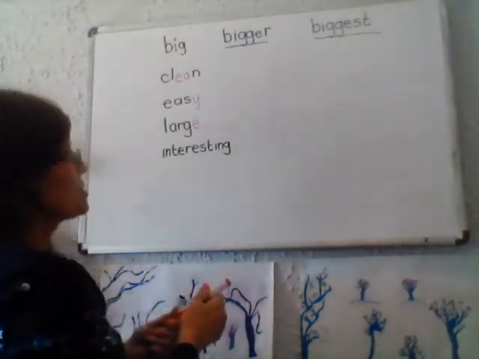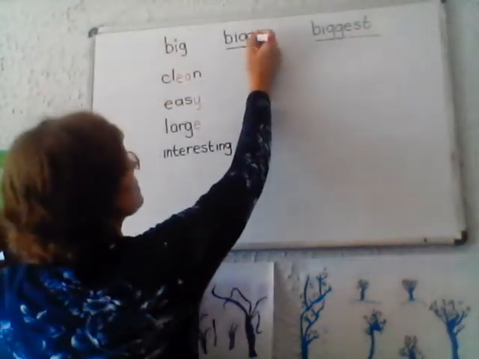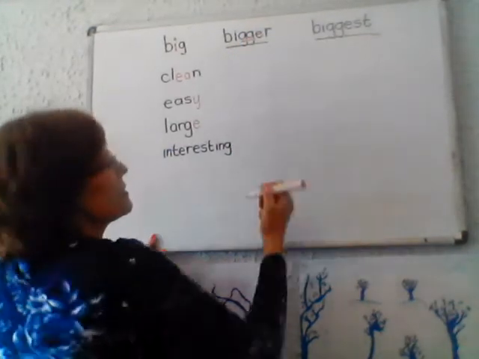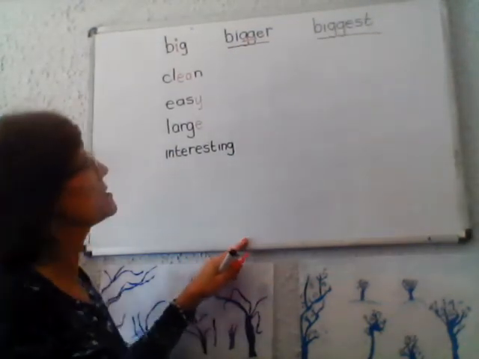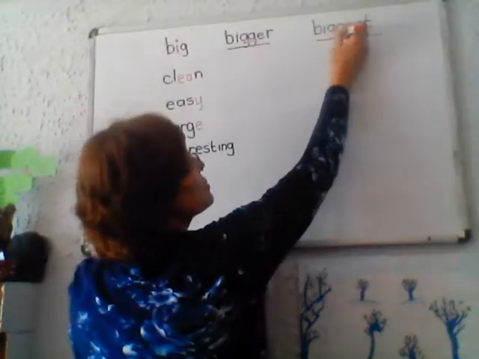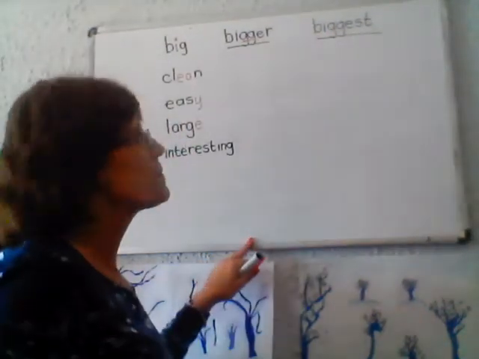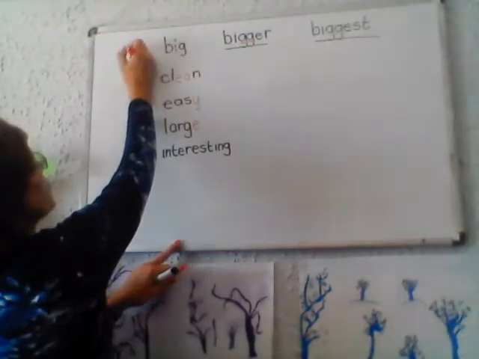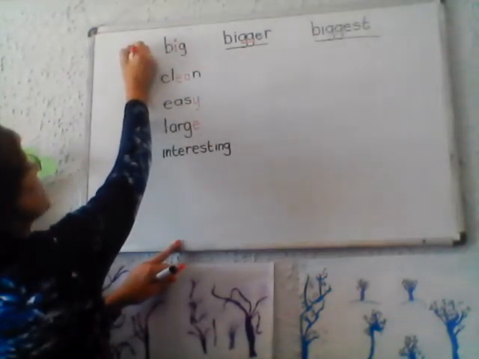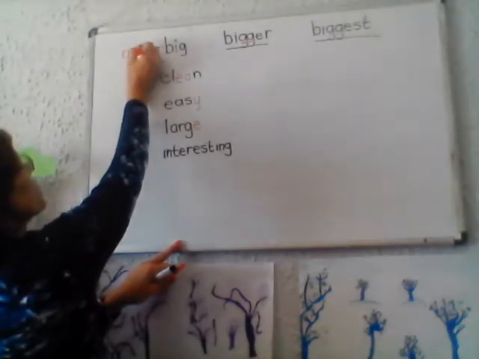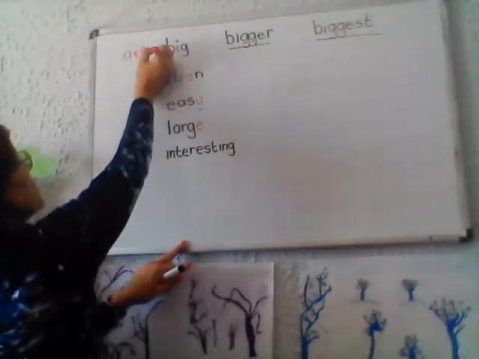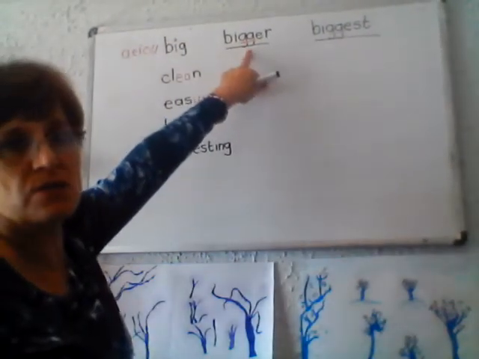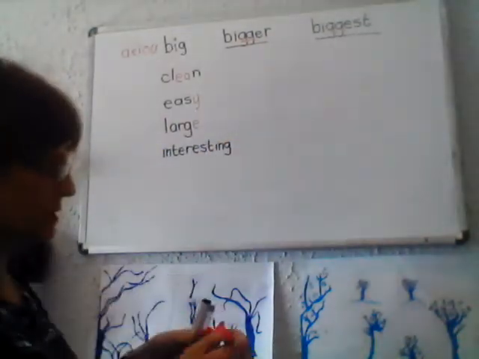Then you use a double consonant in the comparative word as well as in the superlative word. So when a word just has one vowel, like an A or an E or an I or an O or a U, you use two consonants with the comparative and the superlative word.